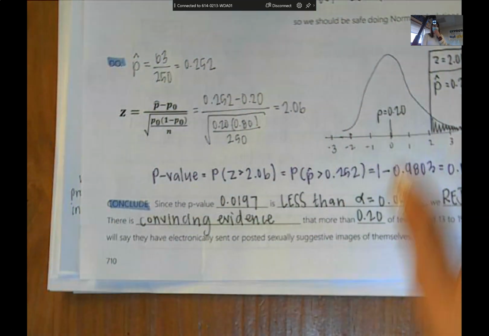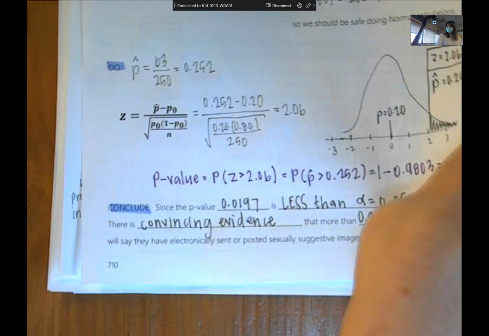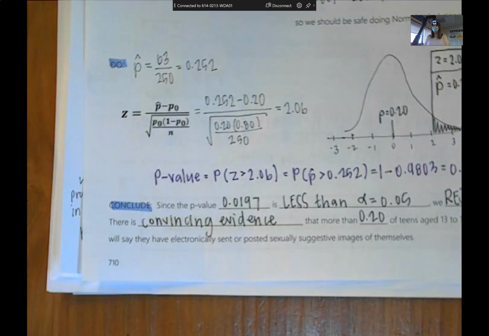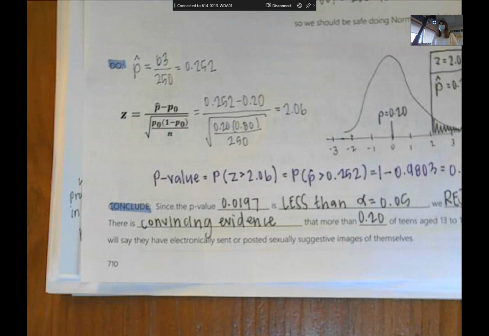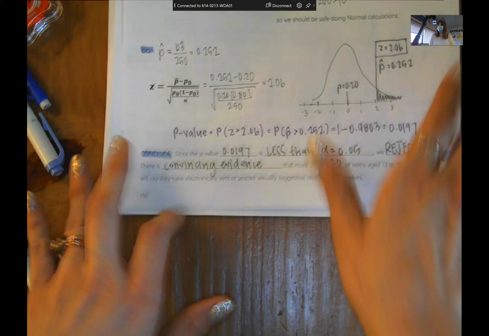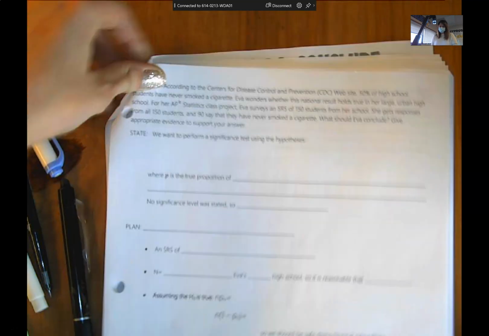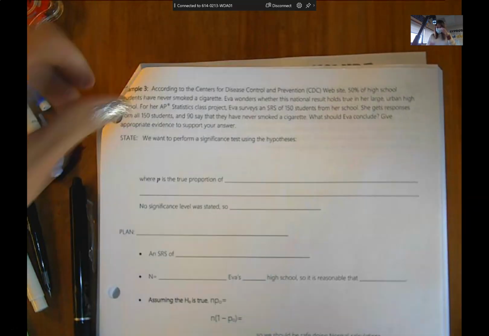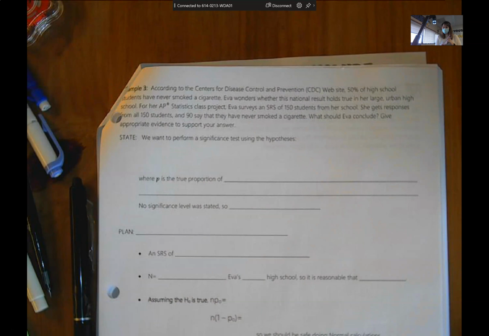You're hanging in? Okay, the last one is slightly different. The method is the same. There's just a few slight differences. So, according to the Centers for Disease Control and Prevention, so the CDC, 50% of high school students have never smoked a cigarette.